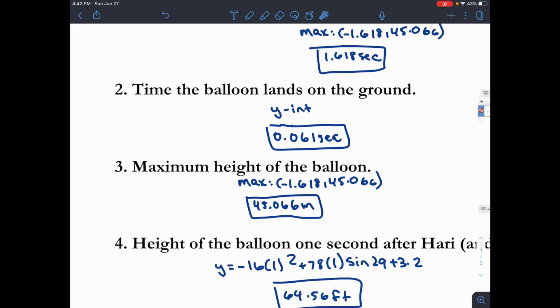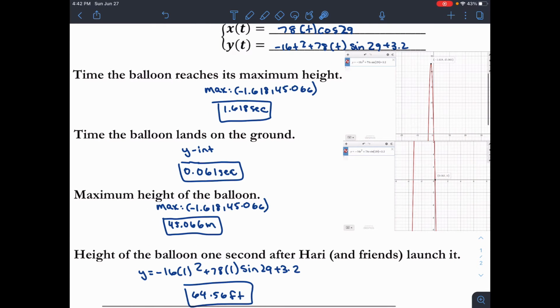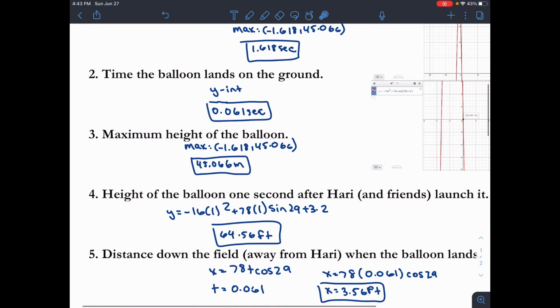Because it's the time, we would use seconds, so it'd be 6.10 seconds. We use the x-intercept because that is when the height equals 0, when the ball returns to the ground, and our x would be the seconds it took, because time is our x value.